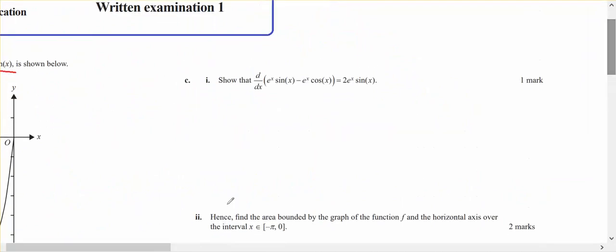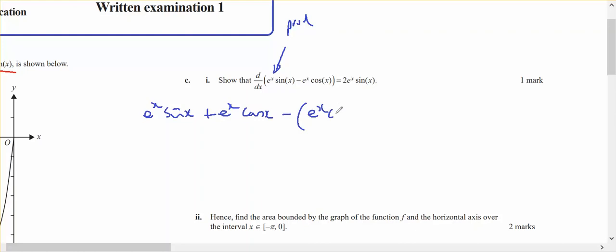Okay, show that the derivative of this equals that. So I've got a product. So it's going to be the derivative of e to the x times the sine of x, plus e to the x times the derivative of this, which is cos of x, and then minus, I've got e to the x cos of x, and then the derivative of this will be minus e to the x sine of x.